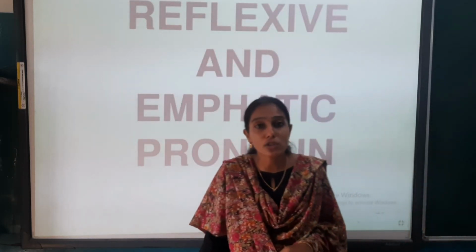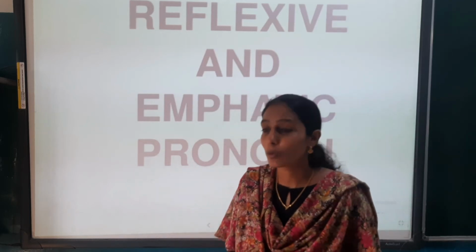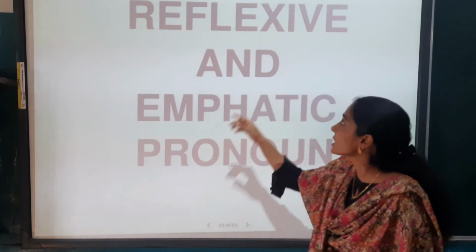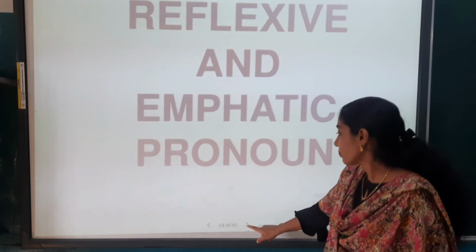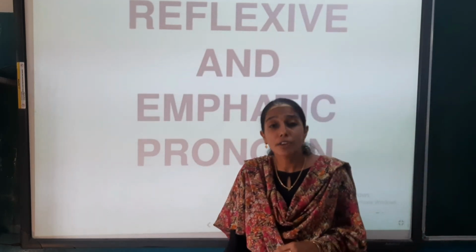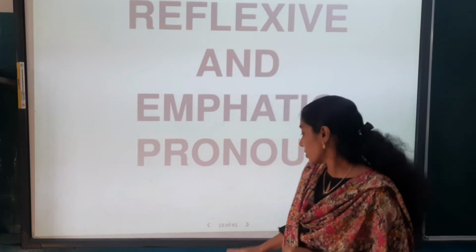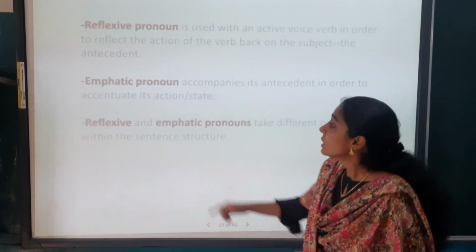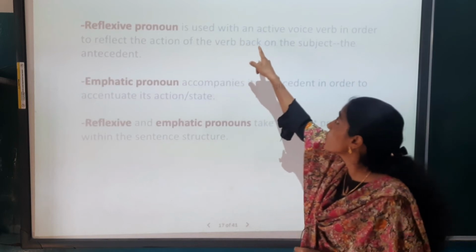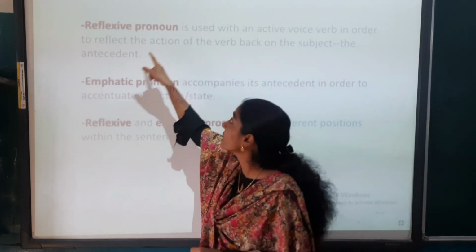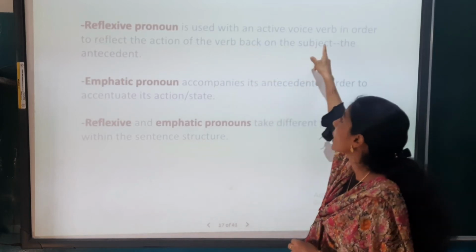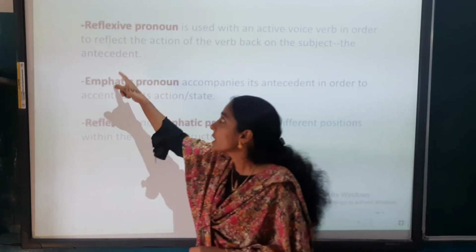So children, have you understood what is possessive pronoun? Okay. Moving on to next, reflexive and emphatic pronoun. Now what do you mean by reflexive and emphatic pronoun? Reflexive pronoun is used with an active voice verb in order to reflect the action of the verb back on the subject, that is the antecedent.